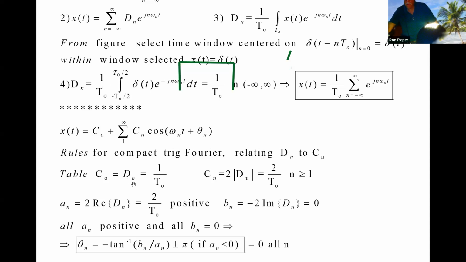So it's going to be 1 over T naught. That one you don't need the table for. We just established this one from the previous page. Therefore, to get the Cn, all we need to do is take 2 times the magnitude of dn, but since the dn up here at the top is a strictly positive real number, we can just say that's equal to 1 over t naught times 2 for n greater than 1. So we've got our Cn, we've got our d naught.